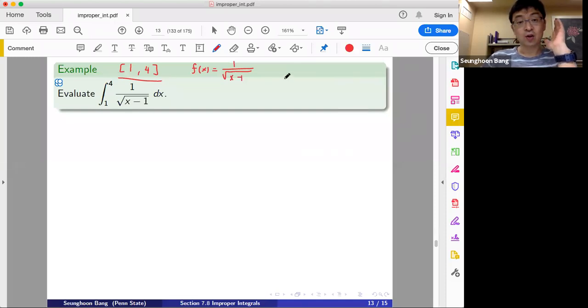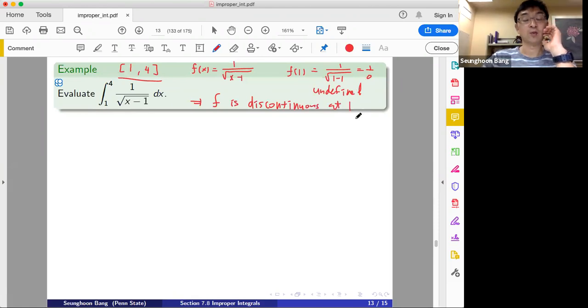Yes, 1. You can plug 1 into x. We have 1 over the square root of 1 minus 1, which is 1 over 0, undefined. So what does it mean? The function f is discontinuous at 1.